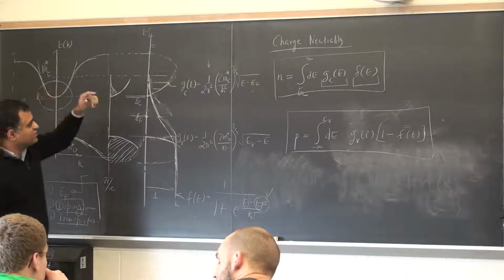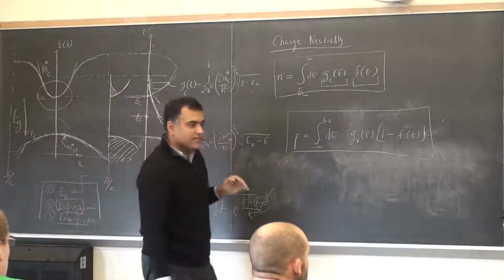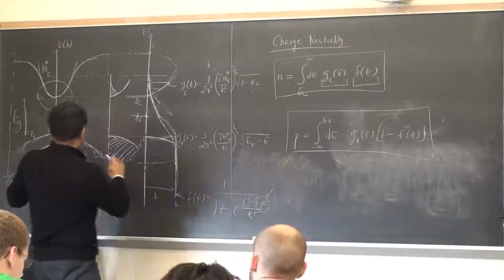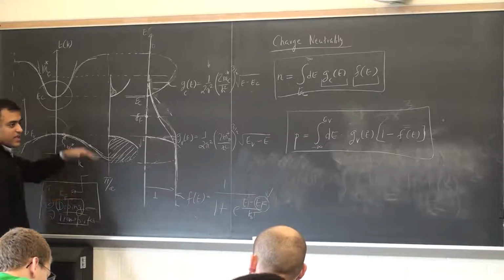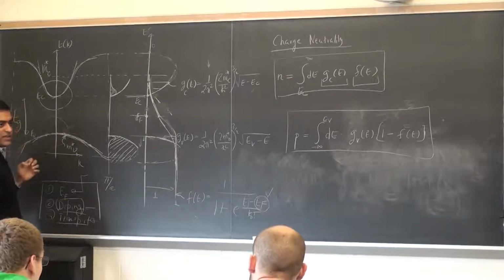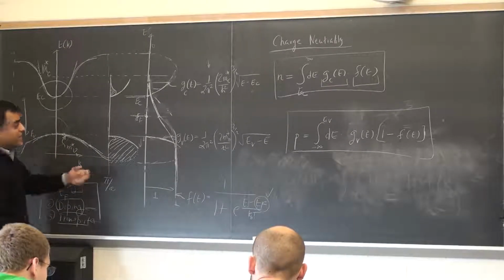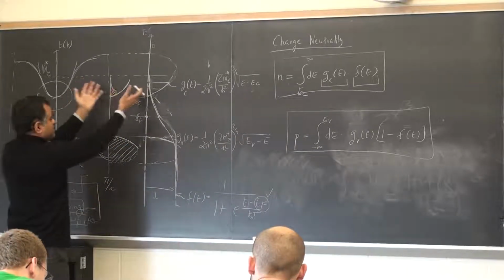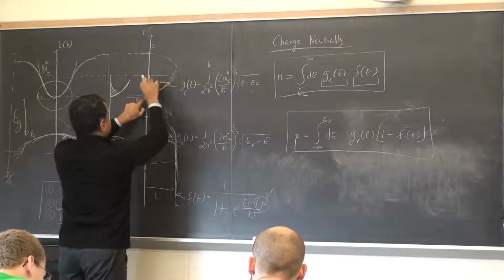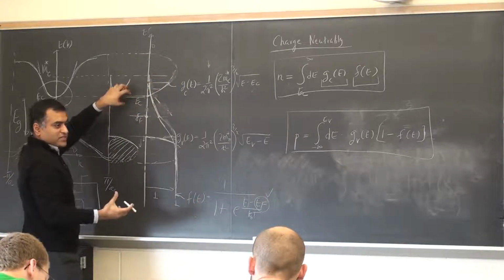And these two formulas remain valid whether you have a perfectly clean, pure, undoped semiconductor, or a doped semiconductor, or a gated semiconductor, or a semiconductor with light illumination on it. These two formulas are always the same, because you see, there's nothing else to do. You have the density of states and you have the Fermi occupation function.